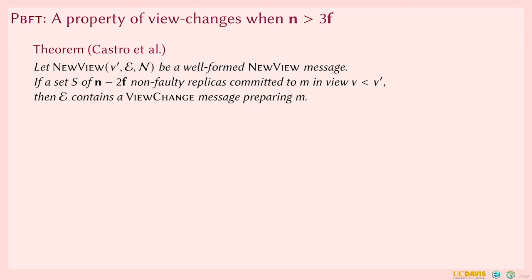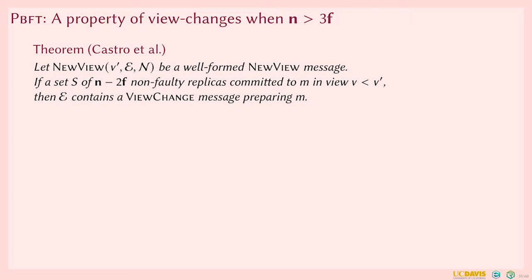If you really look at the guarantees that PBFT provides, this boils down to guaranteeing that if a set of n-2f non-faulty replicas commit to a message, then we can get in a state in which a client can see execution. So in that case, the view change must recover that committed message in any way.